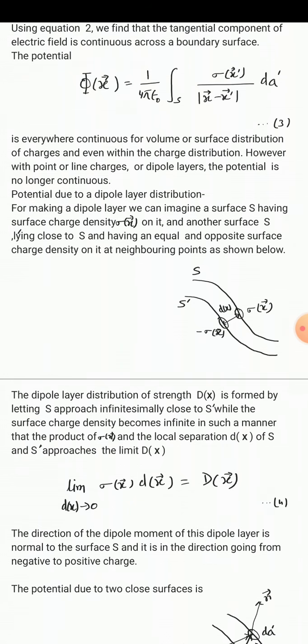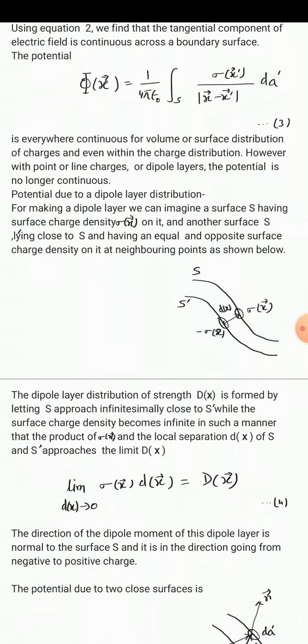We are having two surfaces S and S dash nearby, with positive surface charge density sigma x on S and equal and opposite negative surface charge density on S dash, separated by distance small d of x.